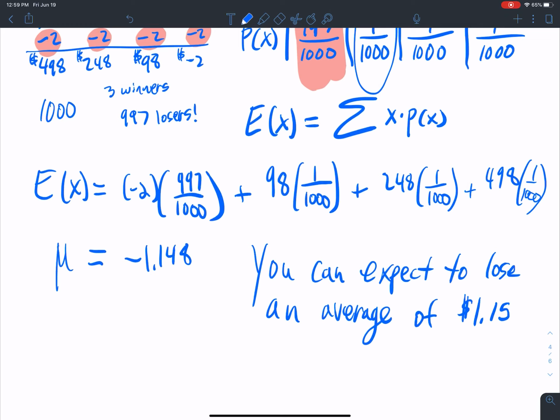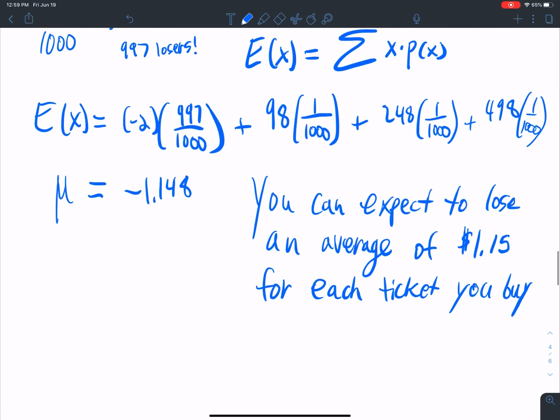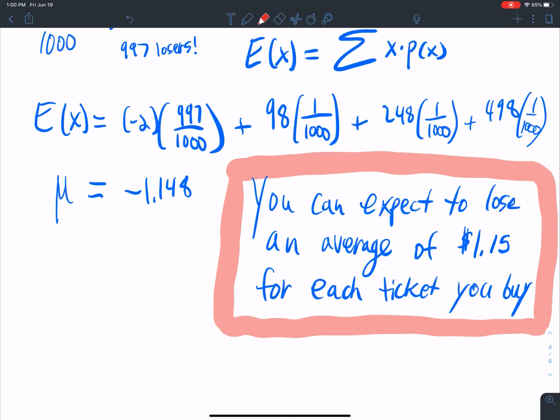Okay, so $1.15 for each ticket you buy. So who's going to be winning in the long run? It's the person that puts on the raffle, right? Every time you buy a ticket, you're basically giving them $1.15.